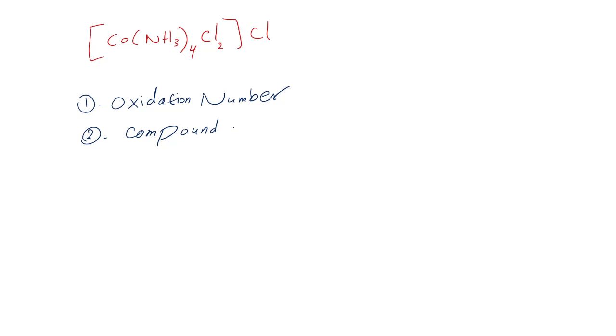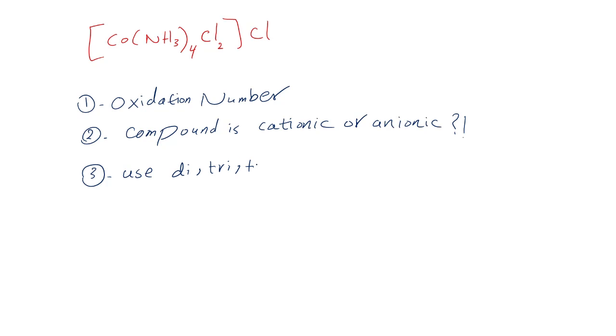But if it is anionic, we add the suffix -ate to the metal name. Use di, tri, tetra, penta, hexa.